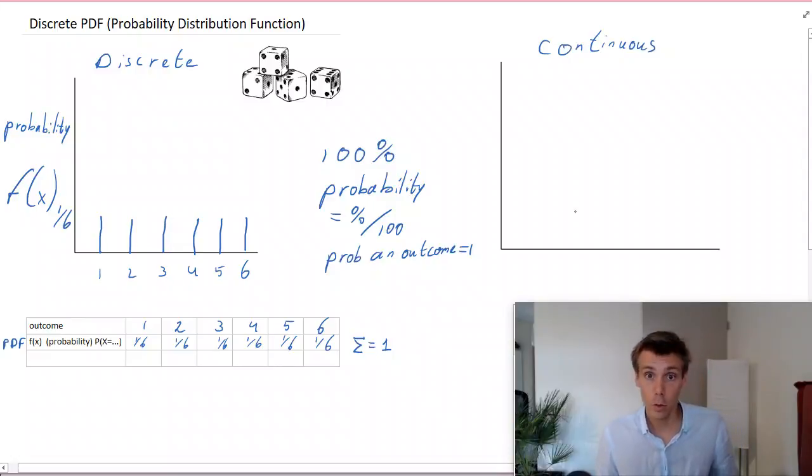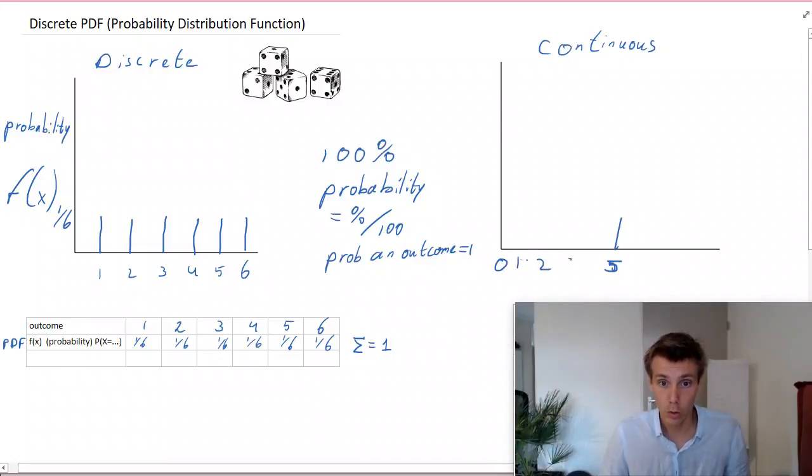As opposed to a continuous probability distribution function, for example waiting time for a bus, every 5 minutes there will be a bus. Then you can have to wait 1 minute, you can have to wait 0 minutes, the bus is there directly, you can have to wait 2, 3 or 4 minutes, but you can also have to wait 2.5 minutes or like 2.999 minutes.